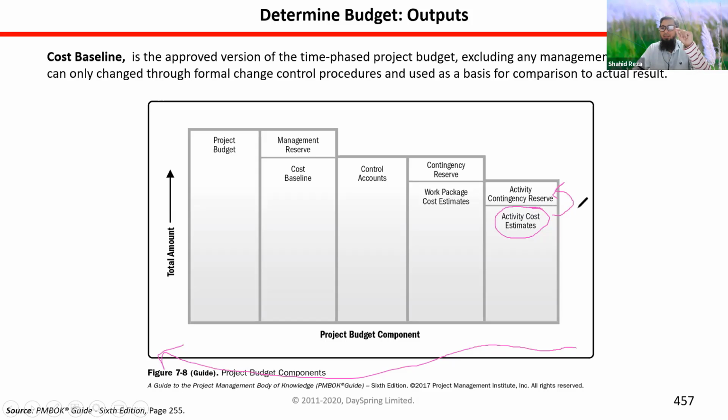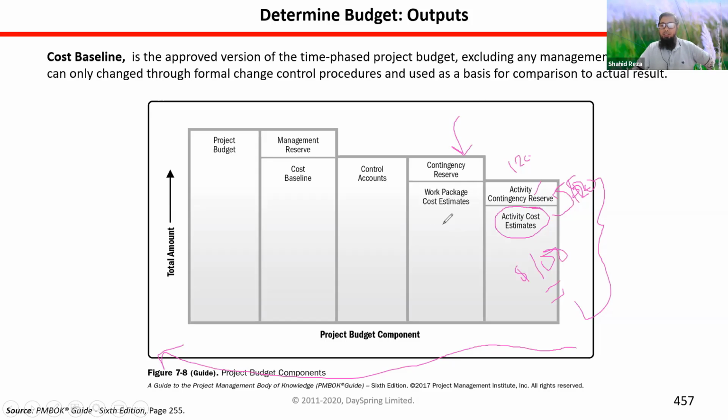Say for this activity we need $100, and for any risk we have kept an extra $20. So this is $120: 20 is contingency reserve and the main cost is $100, right?